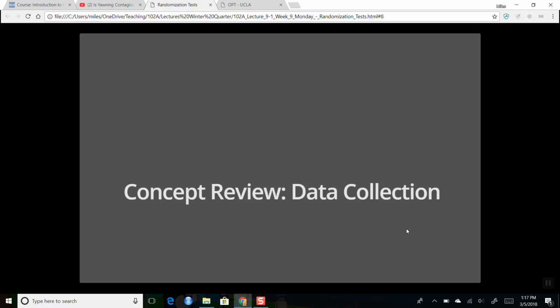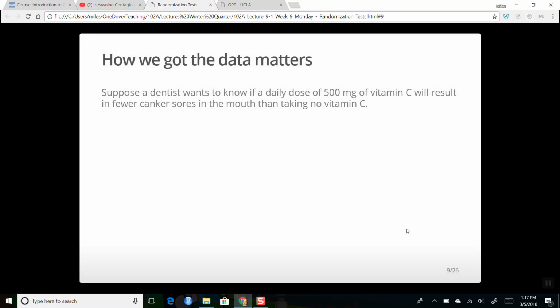There's a lot of work being done in trying to make cause and effect conclusions from observational studies, but it's very difficult, and you can devote your career to studying that. So how we obtain the data matters and influences the kinds of conclusions and the kind of tests that are appropriate here, okay?